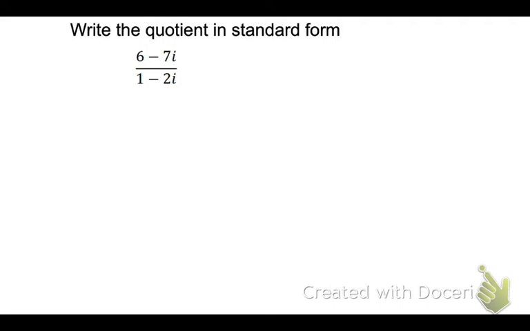Okay, write the quotient in standard form. So standard form is what? A plus bi. So we can't have this in the denominator, can we? Okay, so it's going to be 1 plus 2i. And guys, I just write it in the middle over here and take it to both. I'm lazy.